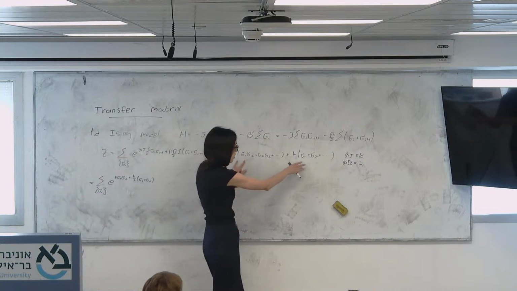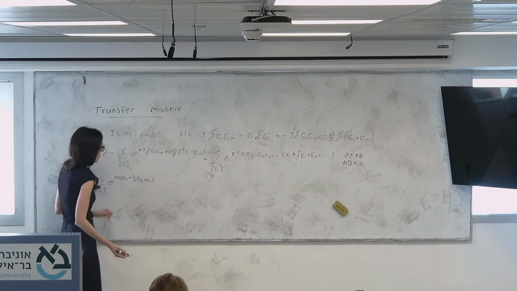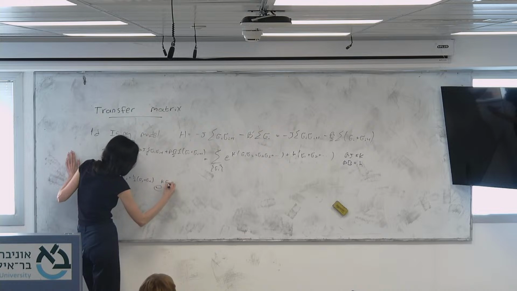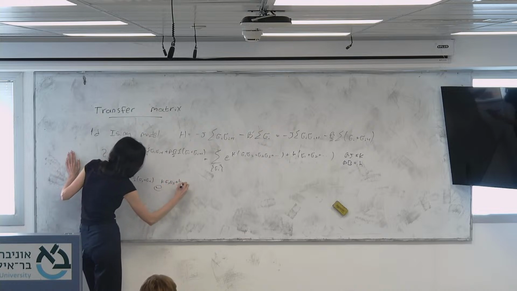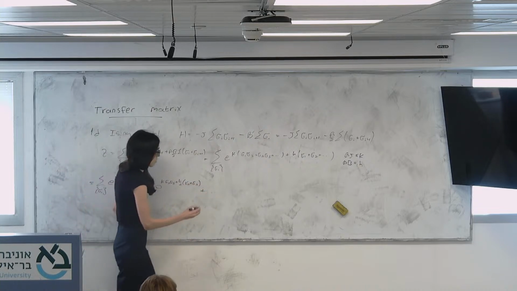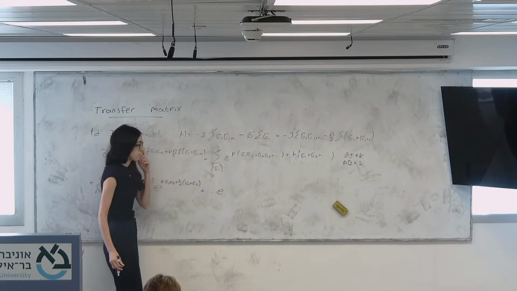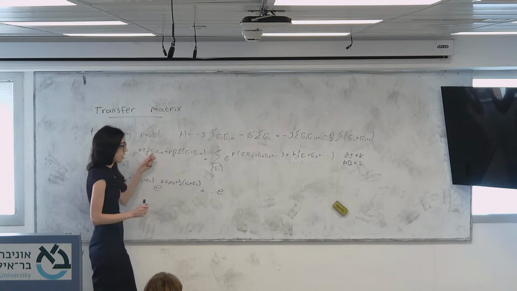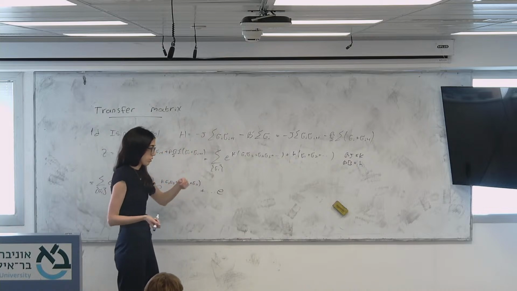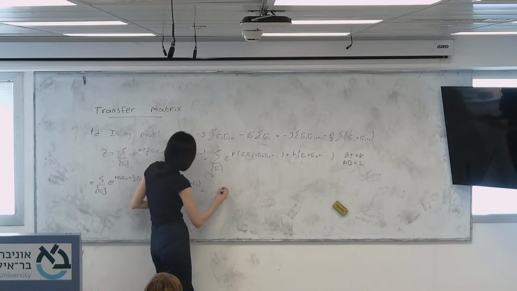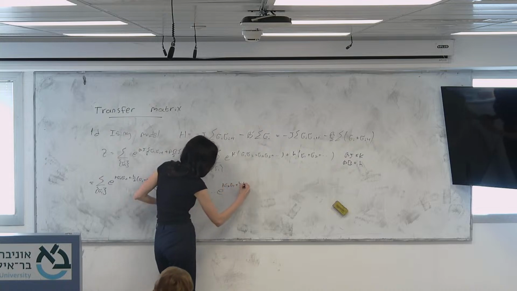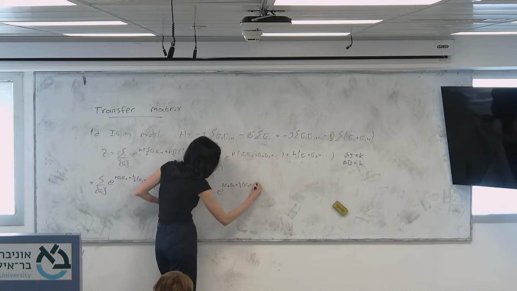So I take the first term from each expression. This is multiplied by e to K sigma 2 sigma 3 plus h over 2 sigma 2 plus sigma 3, and so on until the last term. This sum goes from 1 to n, and we're going to demand periodic boundary conditions. So the last term in the sum is going to be K sigma n sigma 1 plus h over 2 sigma n plus sigma 1.